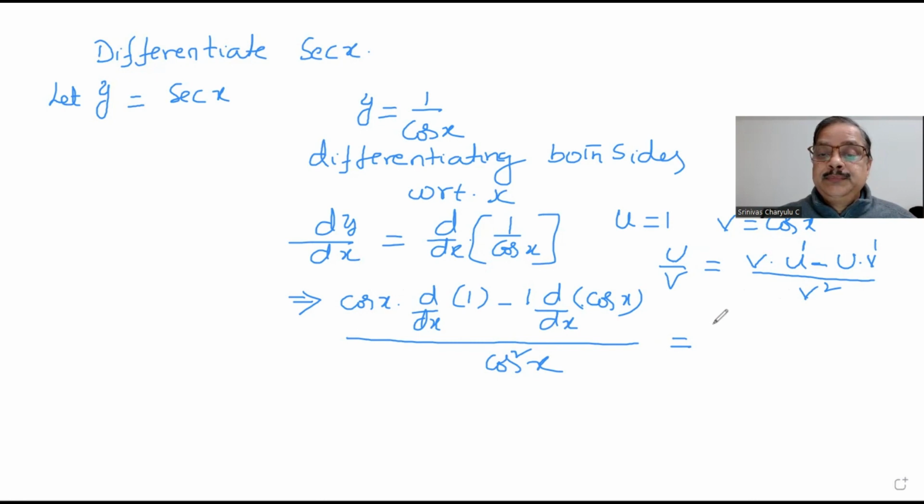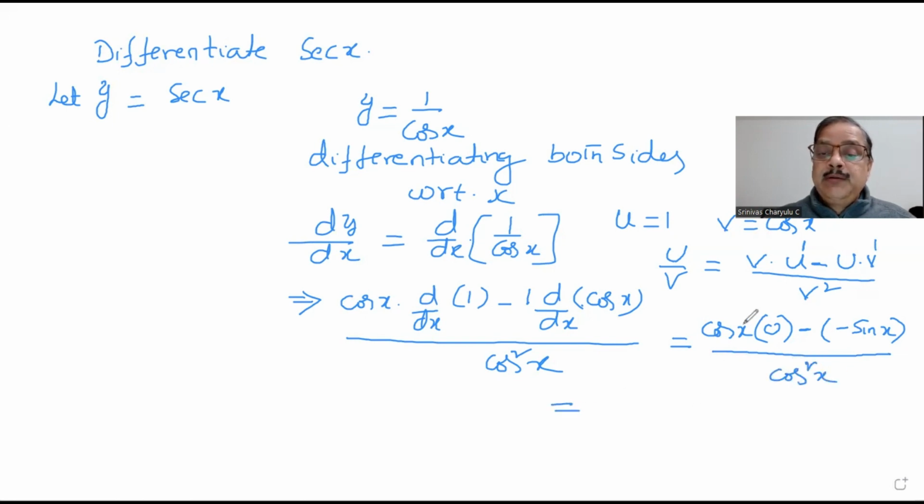Cos x into d by dx of 1 is 0 because it's a constant function, minus 1 into d by dx of cos x, that is minus sin x. So our first trigonometric differentiation when we did it, please remember this. Cos square x denominator.